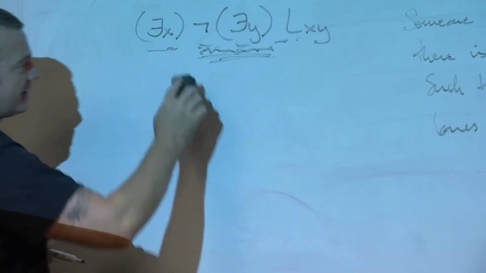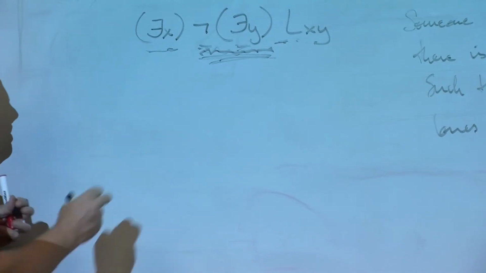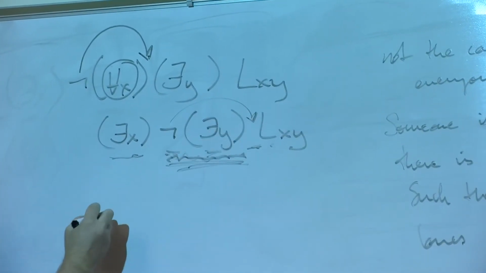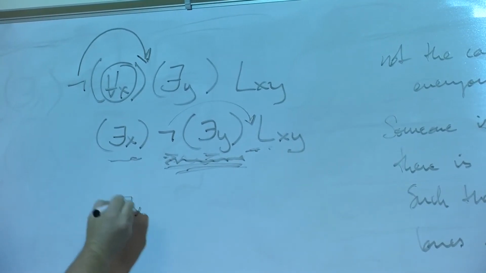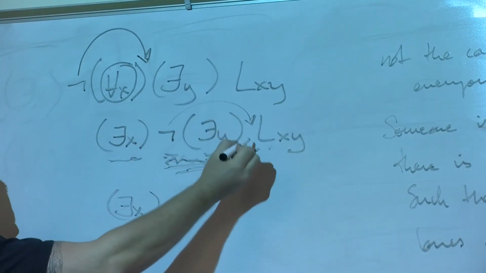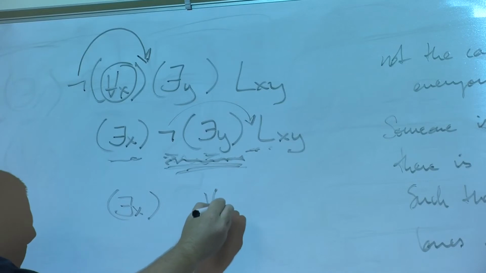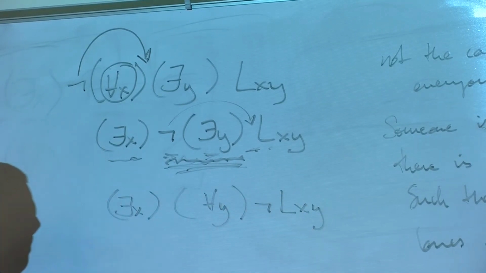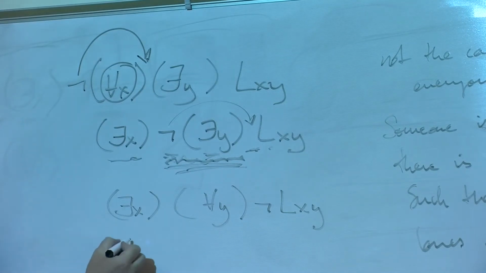So, there we are. We got to this point. But notice we can do a quantifier negation again on this, bring it through, and then look what we've got. Bring this negation through, flip the quantifier. So now what do we have?